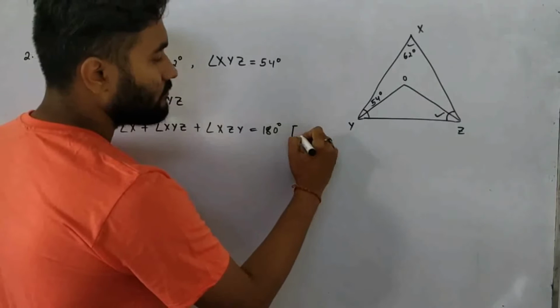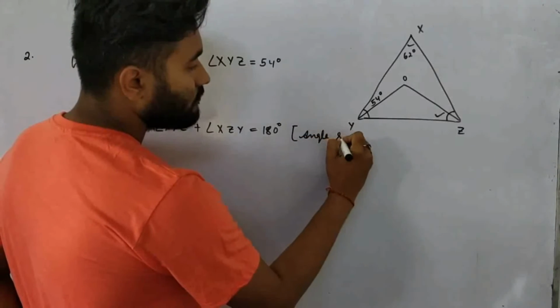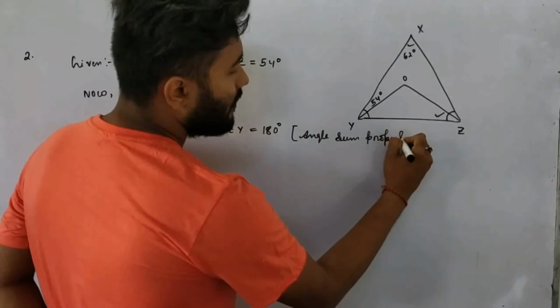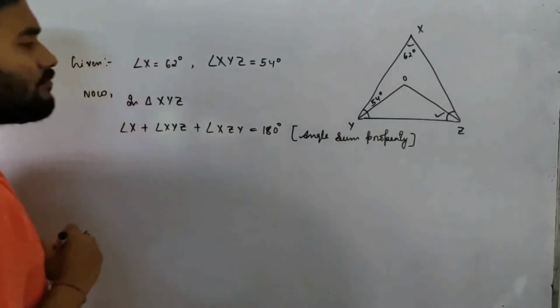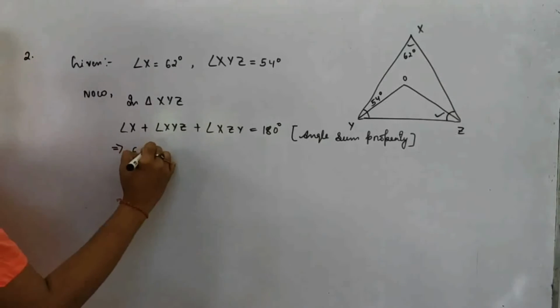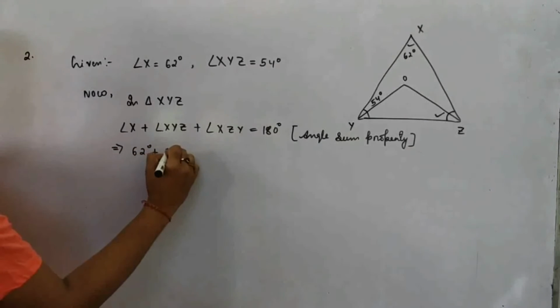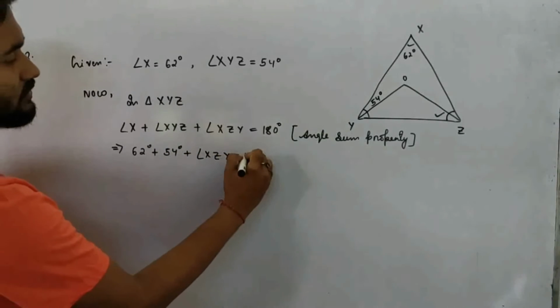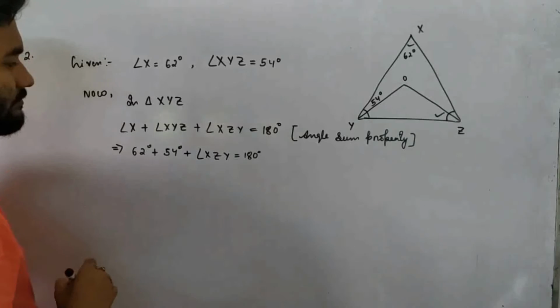Reason? Angle sum property. Put the value. Angle X is 62 degree plus angle XYZ is 54 degree. And now we will find angle XZY. 180 degree.